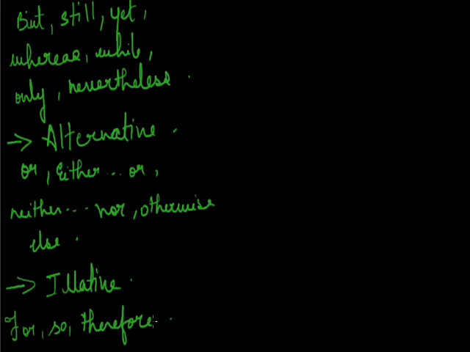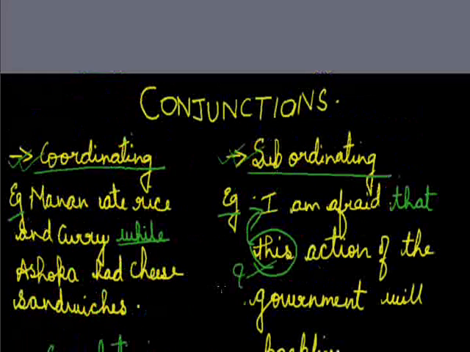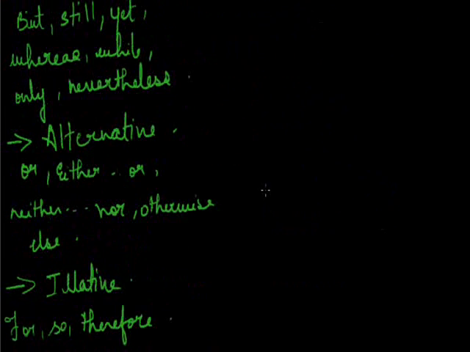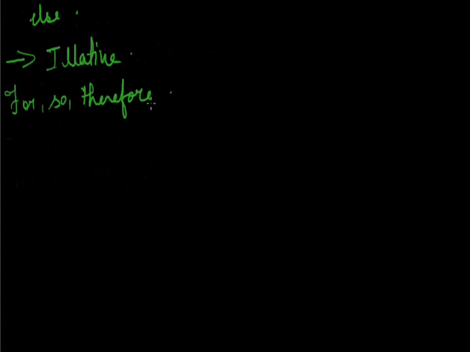No need to get confused between illative conjunction and subordinating conjunction. In subordinating, either of the statements becomes dependent on the other, but in illative, they are not dependent, but yes, they answer the question. Like, as I've said, I'll prefer to go by air for the train will take very long. So why do I prefer to go by air?